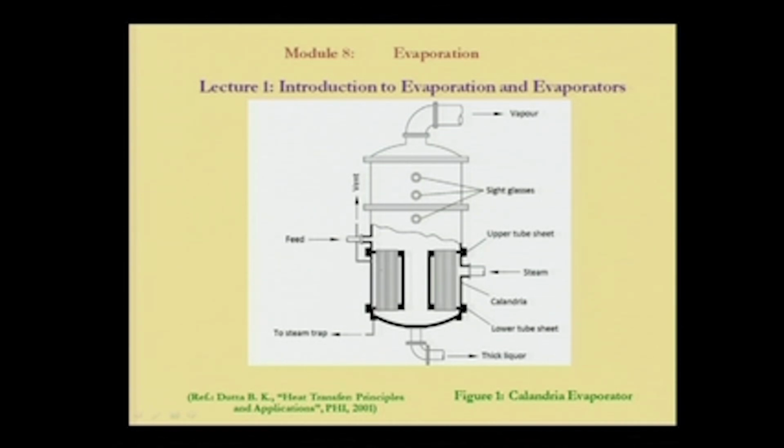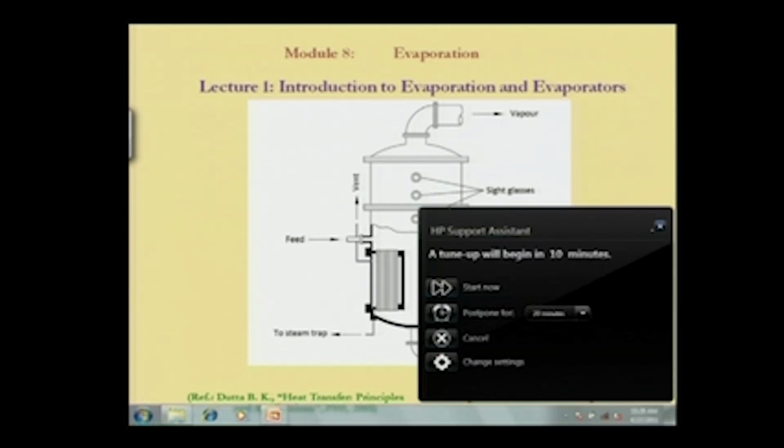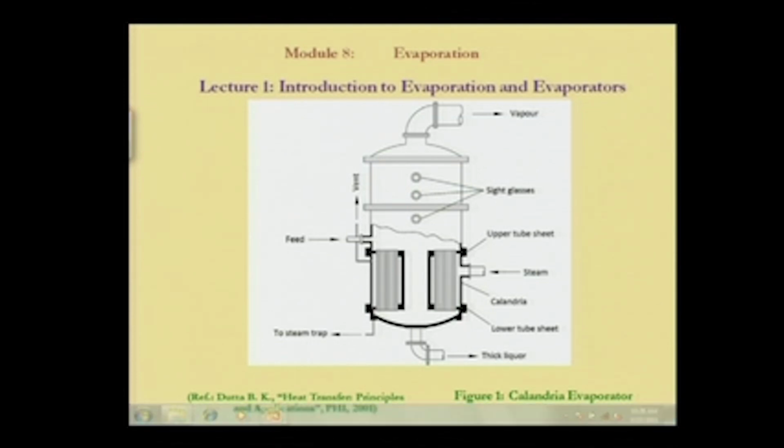You have a tube bundle that is placed in the shell, and it is flanged here. This small shell is called the calandria, and the tubes are placed over here. In this case, the feed is coming from here, and it goes like this, and this is the circulation that takes place.